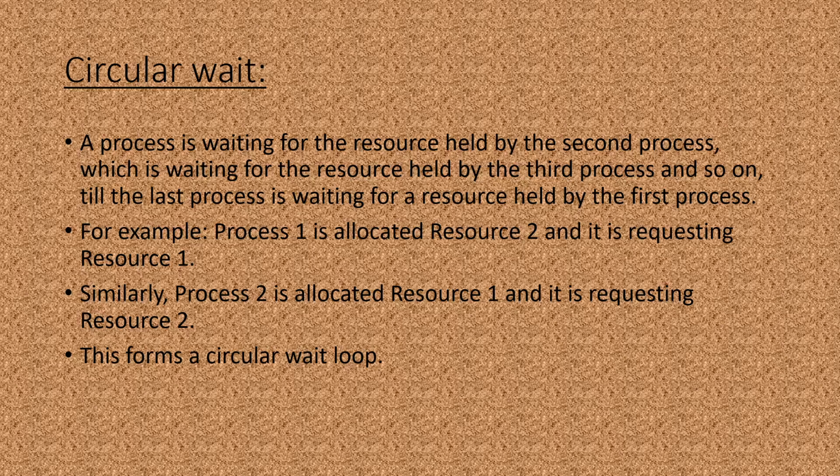For example, process 1 is allocated resource 2 and it is requesting resource 1. Similarly, process 2 is allocated resource 1 and it is requesting resource 2. This forms a circular wait loop.